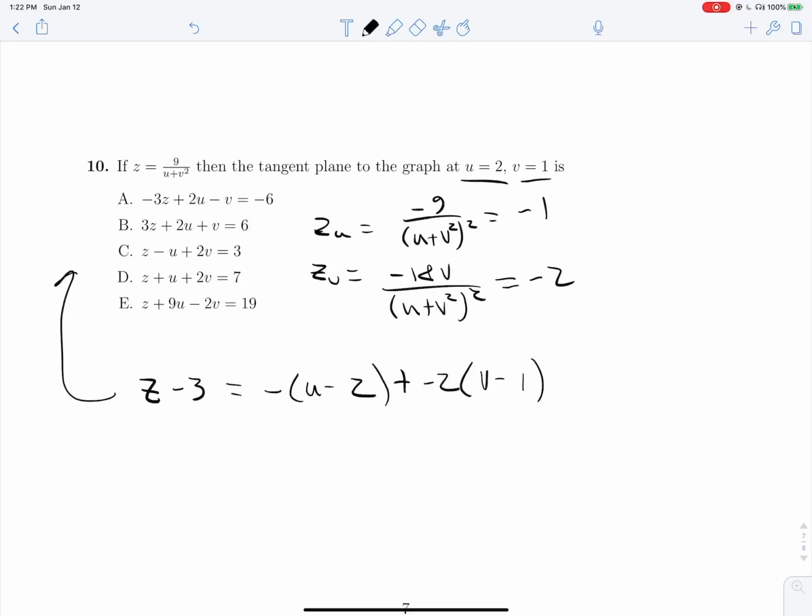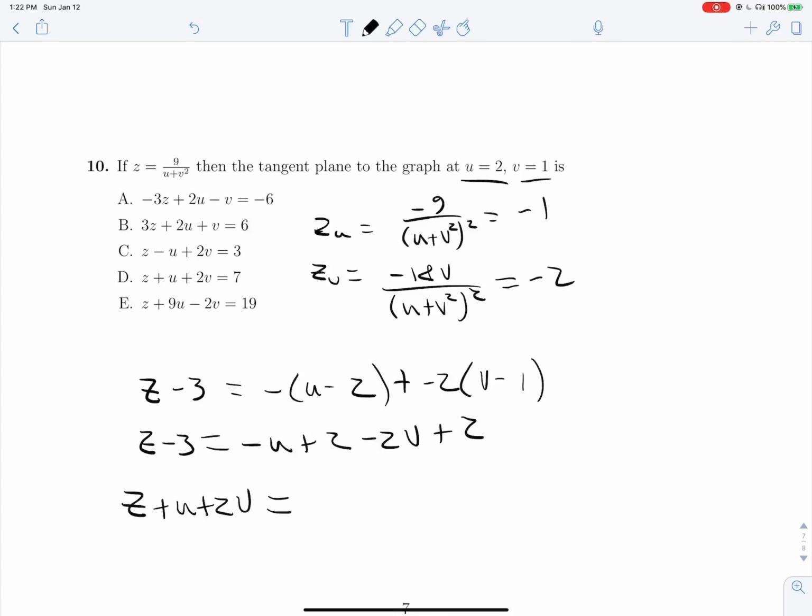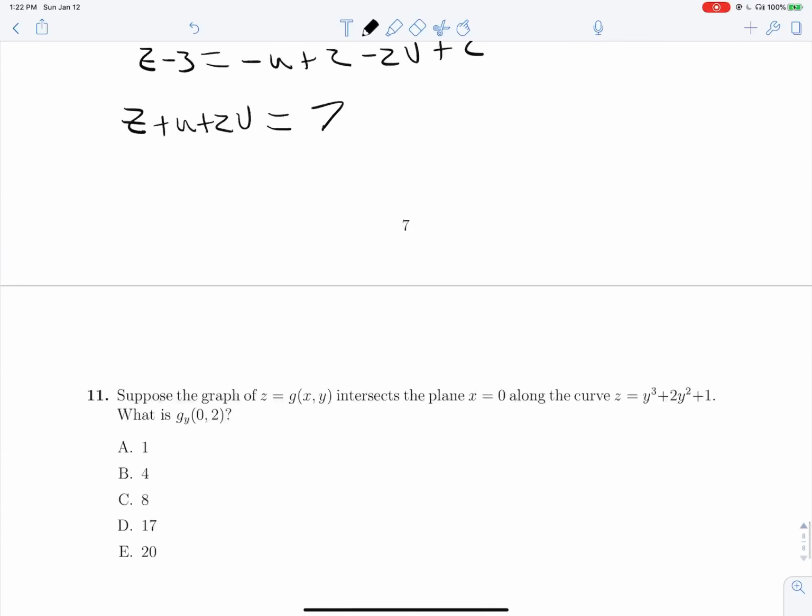Theoretically this equals one of our answer choices, but we have to expand things out and move things around to see what we're dealing with. So we have z minus 3 equals negative (u minus 2) minus 2(v minus 1), or z plus u plus 2v equals 7, which is answer choice D.